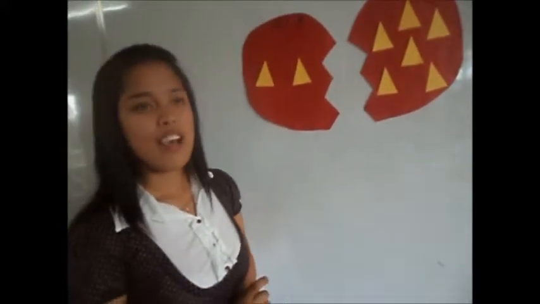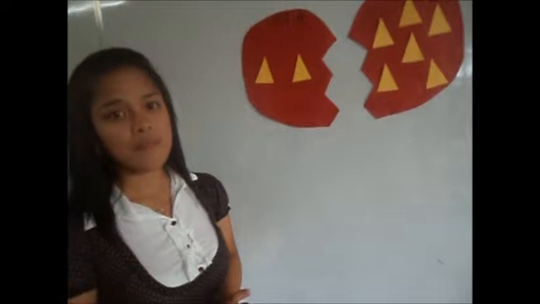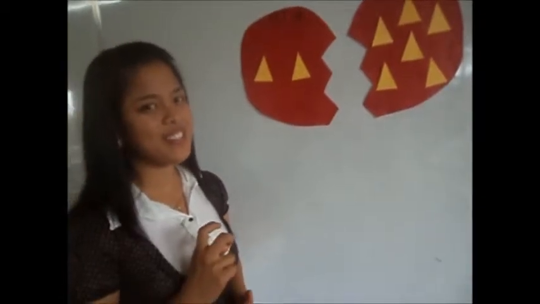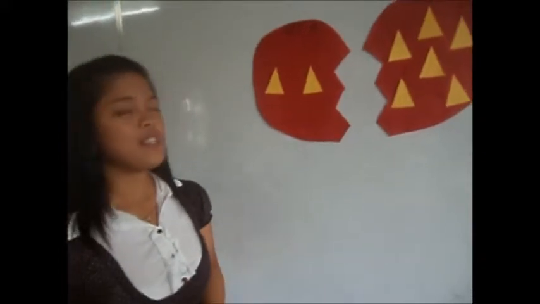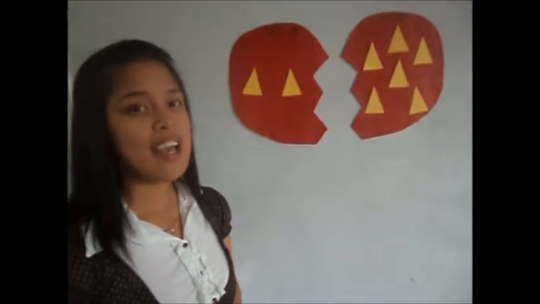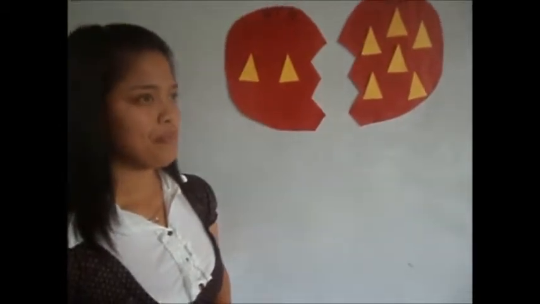Again, how many in set A? Okay, very good. There are 2 triangles. How about in set B? Very good. There are 6 triangles in set B.